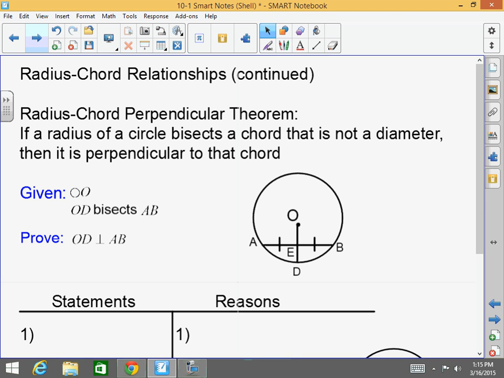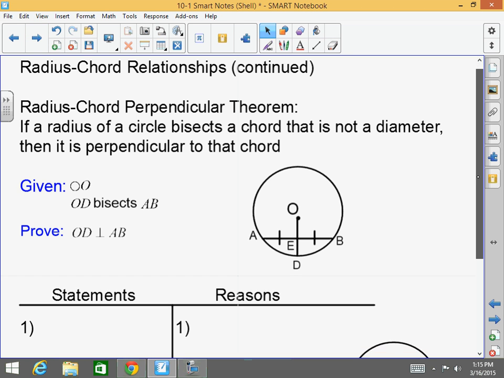Next, radius-chord perpendicular theorem. The radius-chord perpendicular theorem states the inverse, basically the converse of what we just learned. If a radius of a circle bisects a chord, and it is not a diameter, then it is perpendicular to that chord.